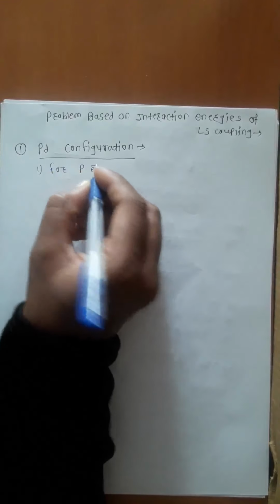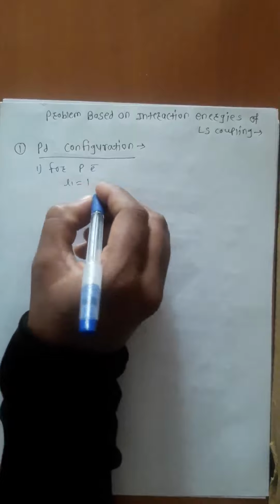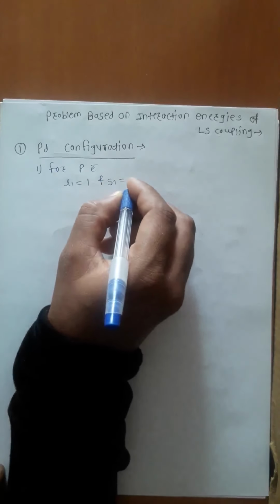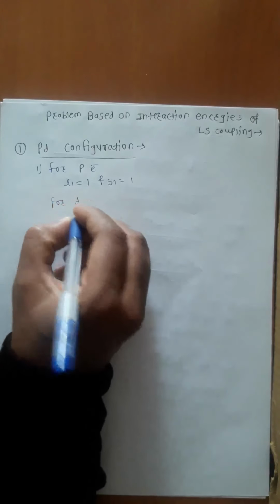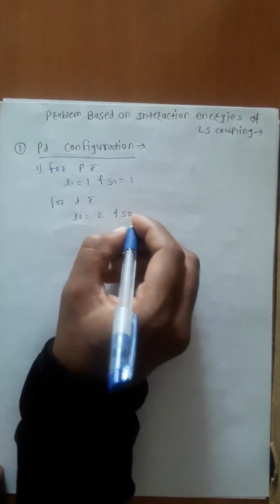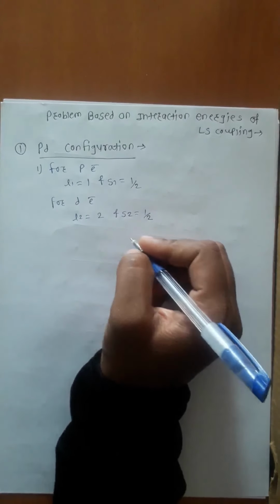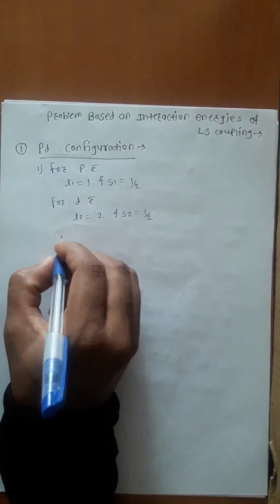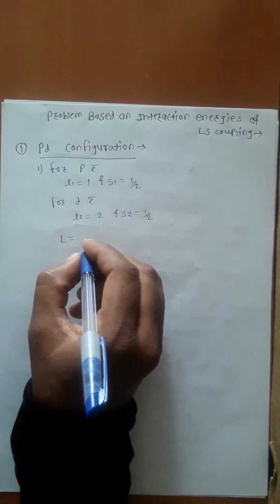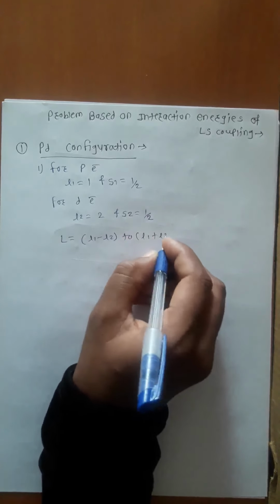For the p electron, L1 is equal to 1 and S1 is equal to 1 half, and for the d electron L2 is equal to 2 and S2 is also 1 half. Therefore the value of L is from L1 minus L2 to L1 plus L2.